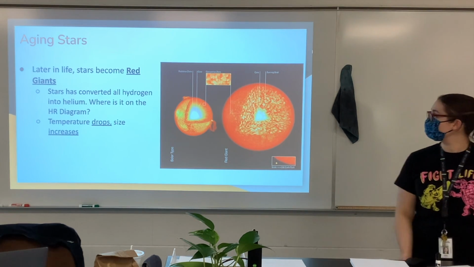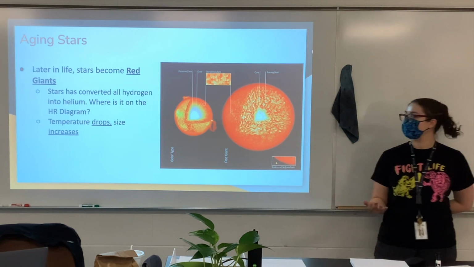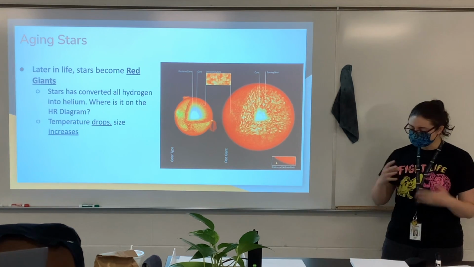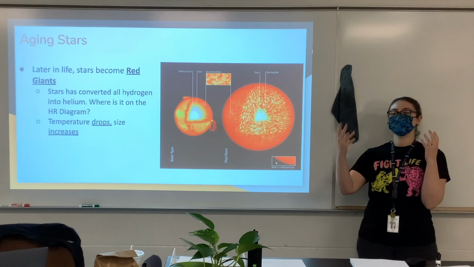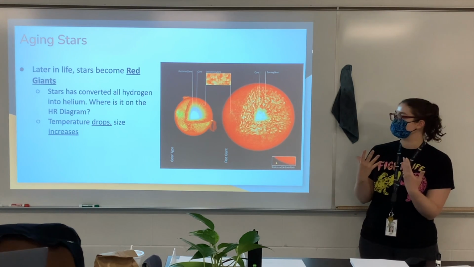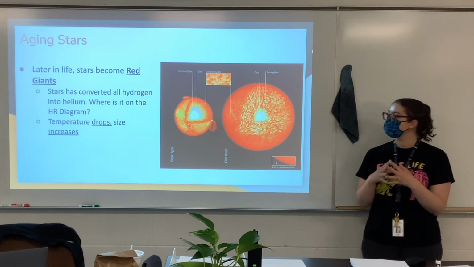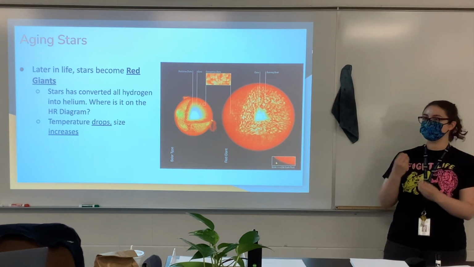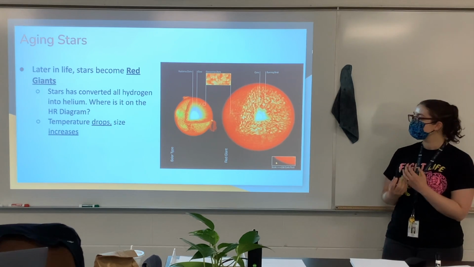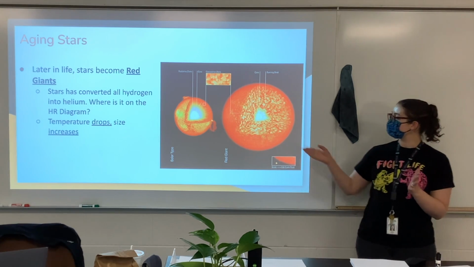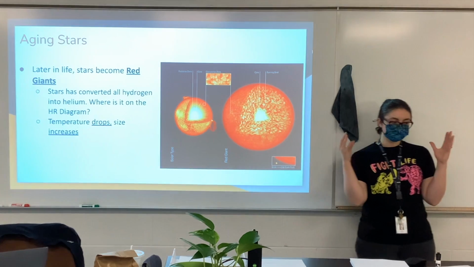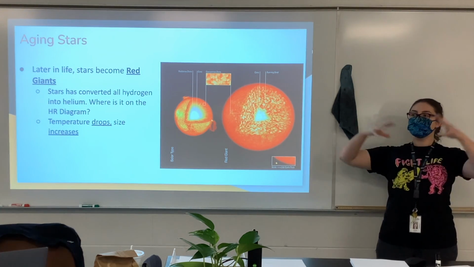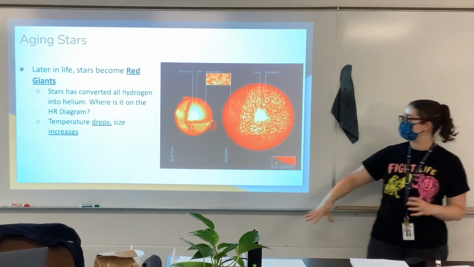As the sun or any low mass star ages, it's going to become a red giant. Basically, at some point, as more and more of its hydrogen fuel gets converted into helium, its temperature is going to drop because less fusion is taking place in the core. And as a part of that drop in temperature, the star itself also expands.